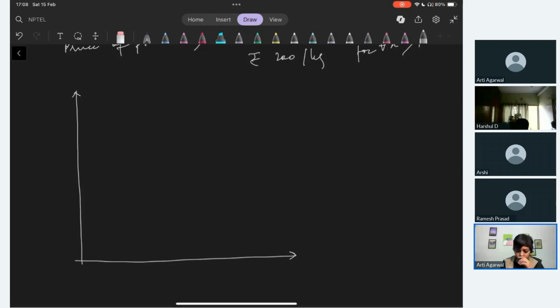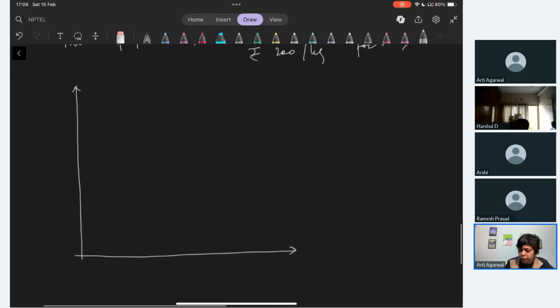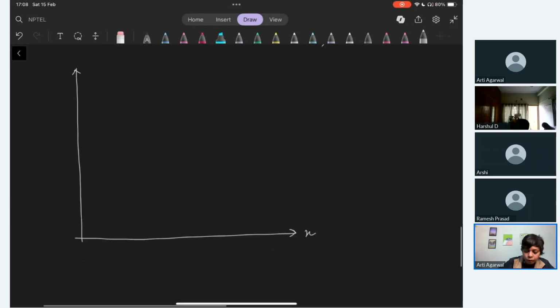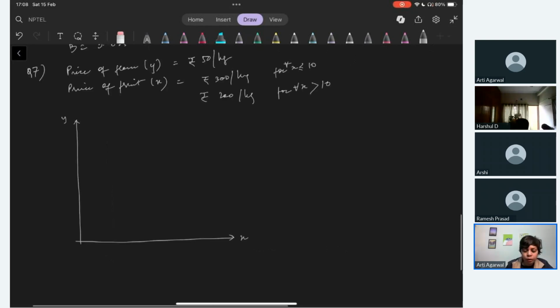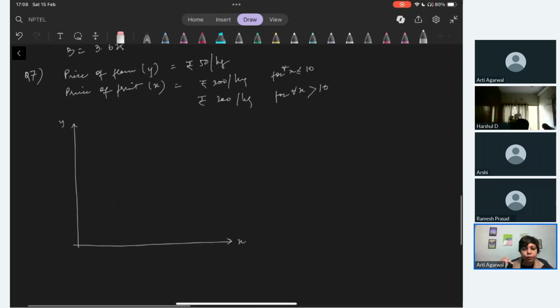So we're taking fruits on the x-axis and flour on the y-axis. Now, if you want, we can just write the two budget equations. First is 50y plus 300x is less than or equal to 10,000.